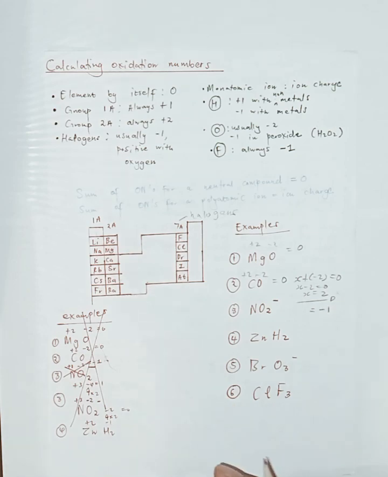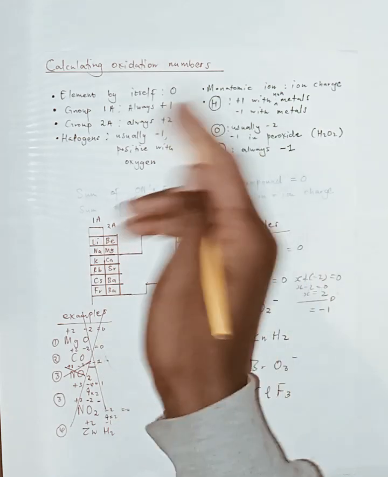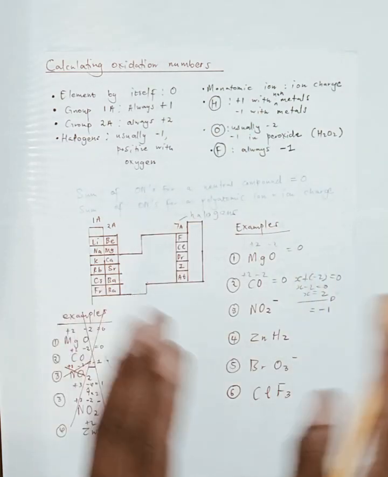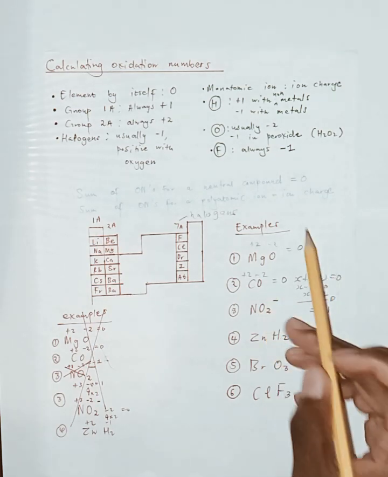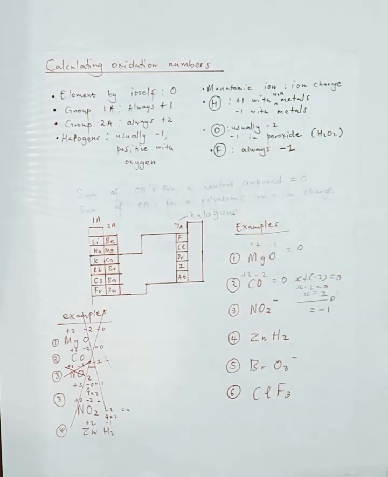Now we go back again to our periodic table and our statements. Is there anything about N? There's nothing about N. Is there anything about O? Yes, it's usually -2, but -1 in peroxide.